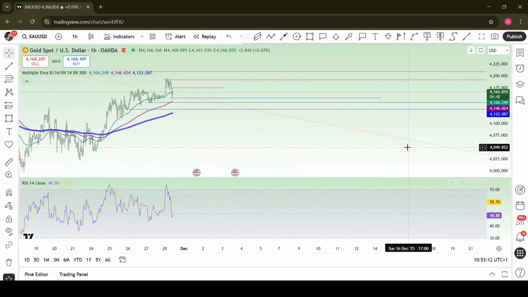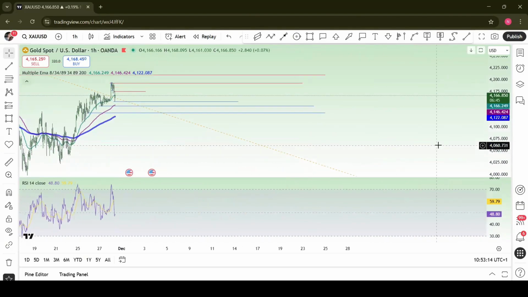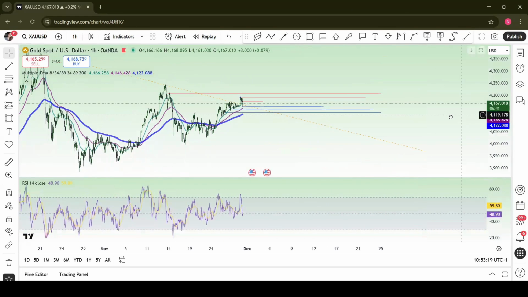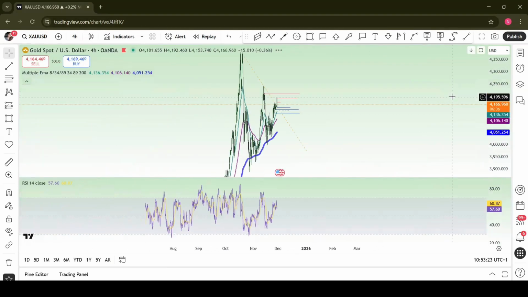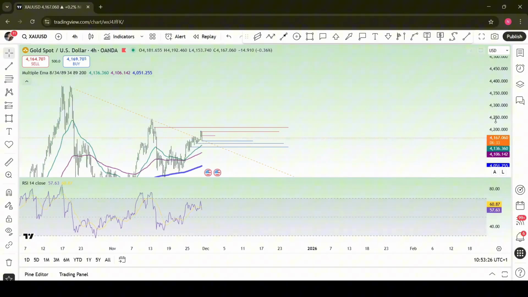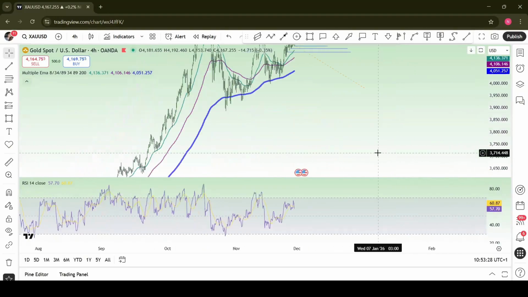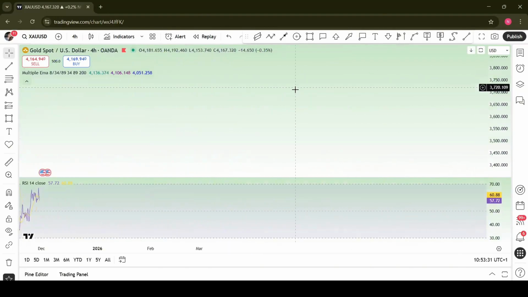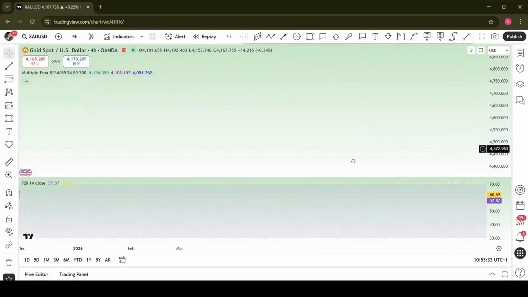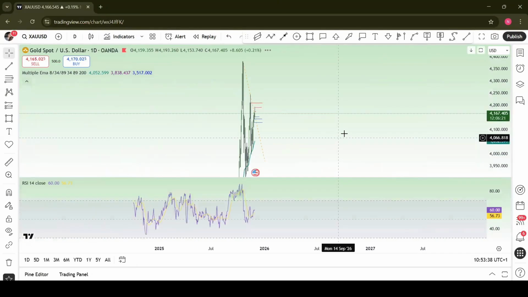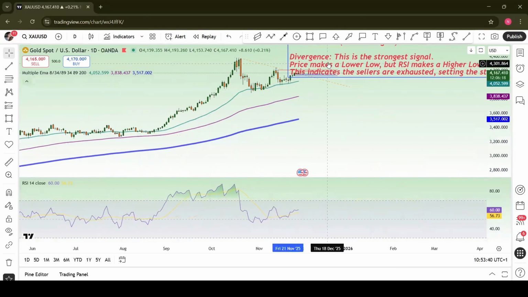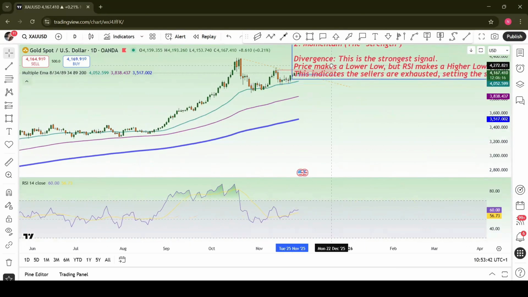Whenever I move the chart into the smaller time frame, the wall usually disappears. Let me do it gradually. Ooh, where is it? It's moving up here.